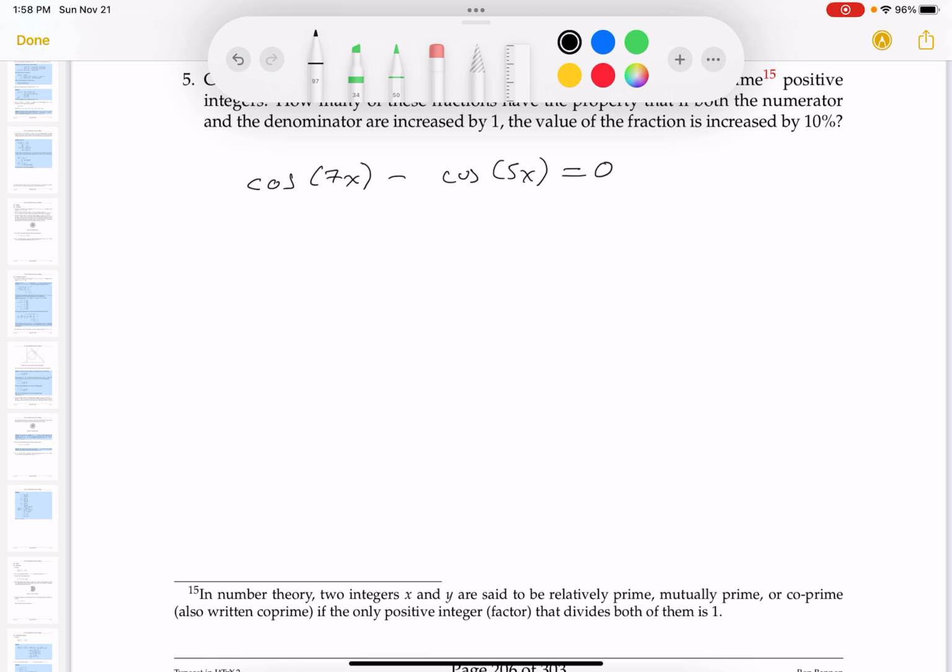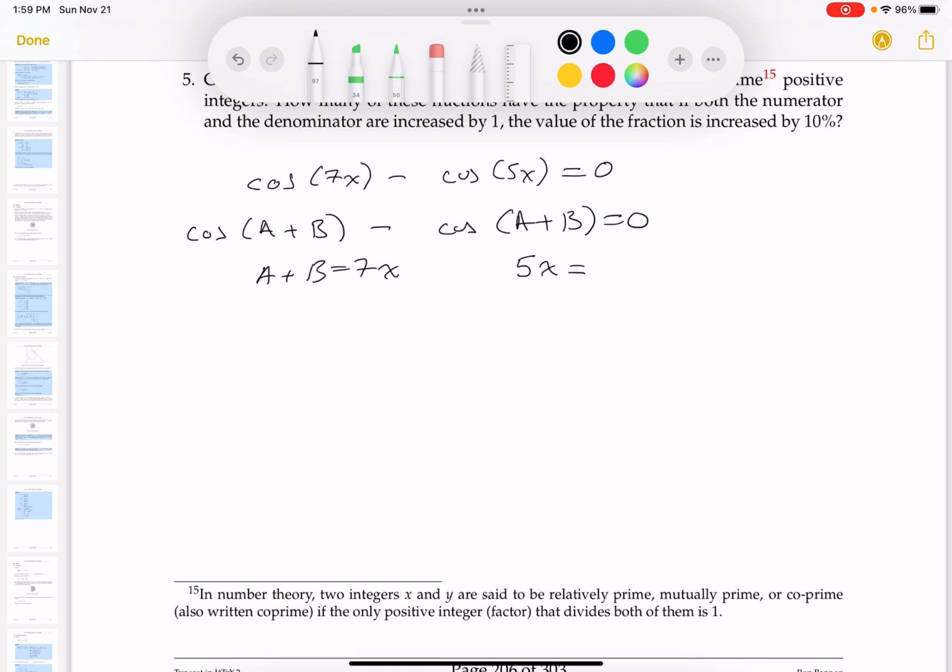What I'm going to write down is I'm pretty sure that this can be written as cosine a plus b minus cosine a plus b equals 0, with the understanding that a plus b equals 7x. Now again, for students that have studied trigonometry better than other students, this would be unnecessary.